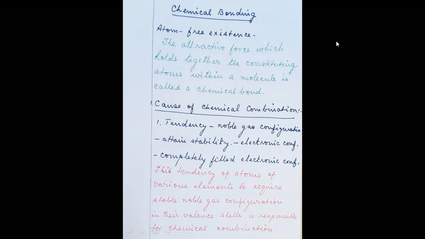Therefore they need not give or accept electrons from any other species to form a stable electronic configuration. Hence all the noble gases exist as atomic molecules. Atomic molecules means the atom itself functioning as a molecule, or substances which are stable in their atomic form itself. They are the noble gases.